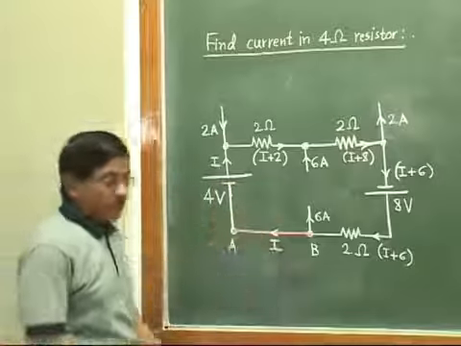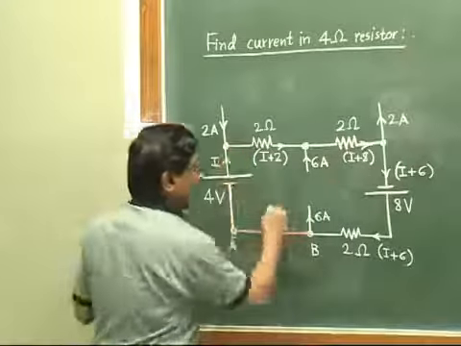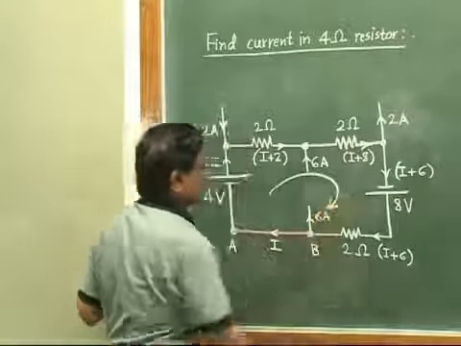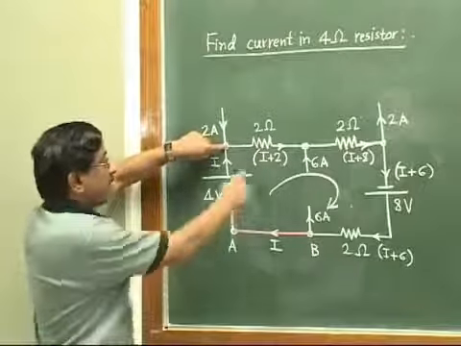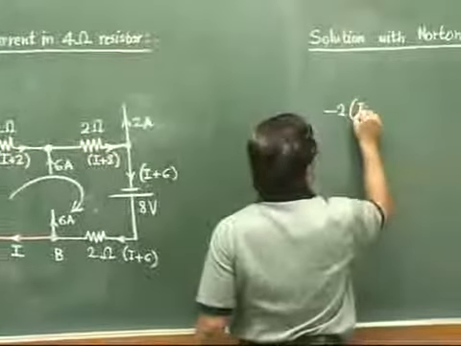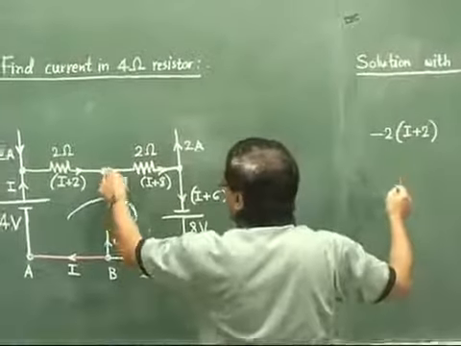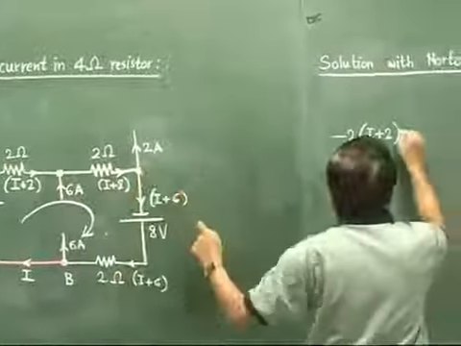Okay. Now one loop is there. So let us choose the loop. Only one single loop. So this would be the direction. Start from this point. It will be minus 2 times I plus 2. Then ahead it will be minus 2 times I plus 8.